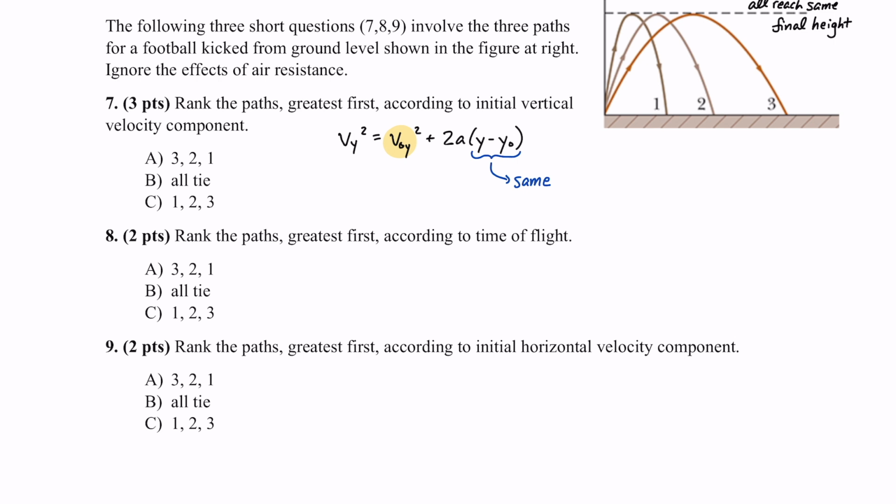The second thing that's true is because these objects are just moving through the air under the influence of gravity, the acceleration is going to be the same for all three as well, because it's just due to gravity. The third thing that we can see is that at the top of the motion in the vertical direction, the y velocity is going to be the same as well. Namely, it's just going to be 0.